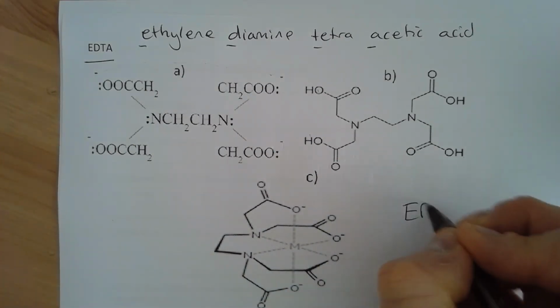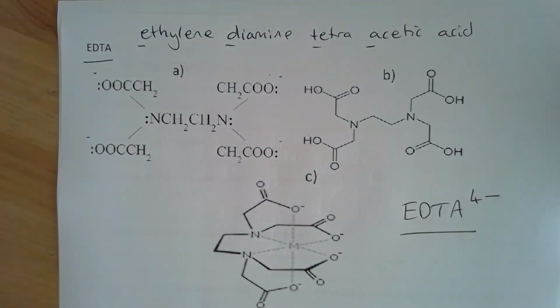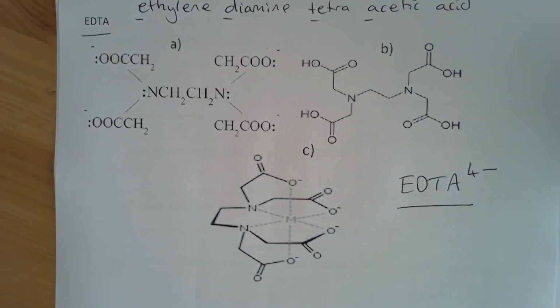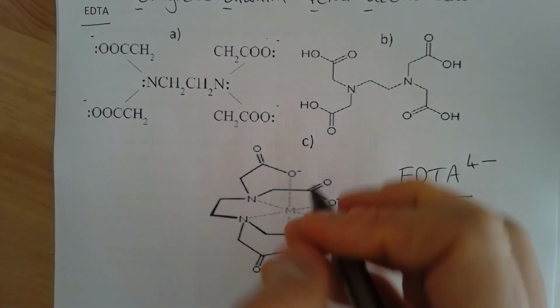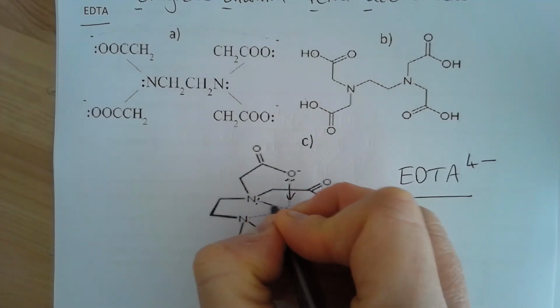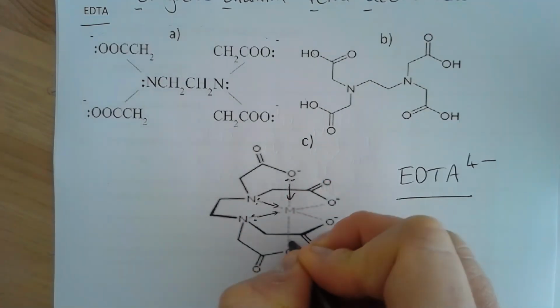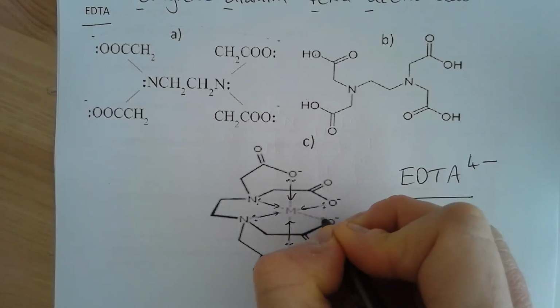So we would call EDTA has a charge of 4-, and that's something we need to know. And it forms 6 dative covalent bonds. If you have a look here, this is where the ligand has complexed. So there's a dative covalent bond there, one there, one there, one there, one there, and one there.